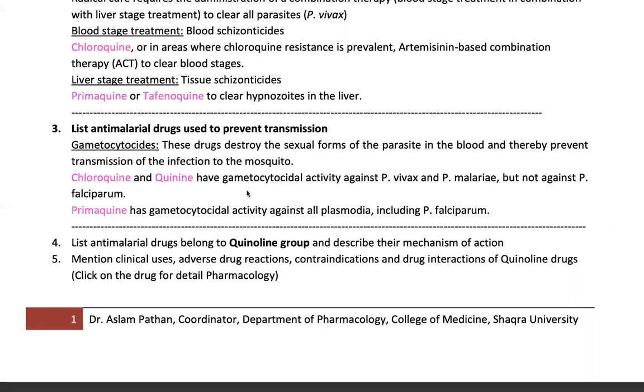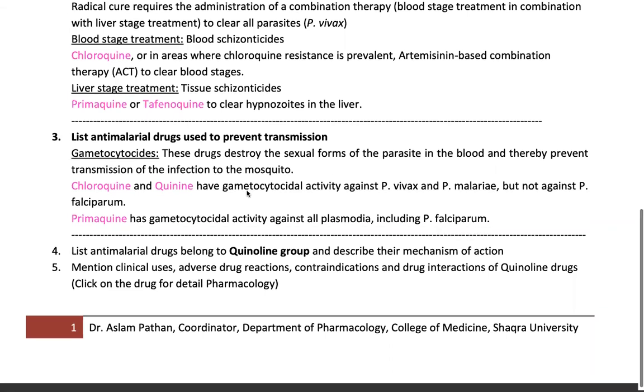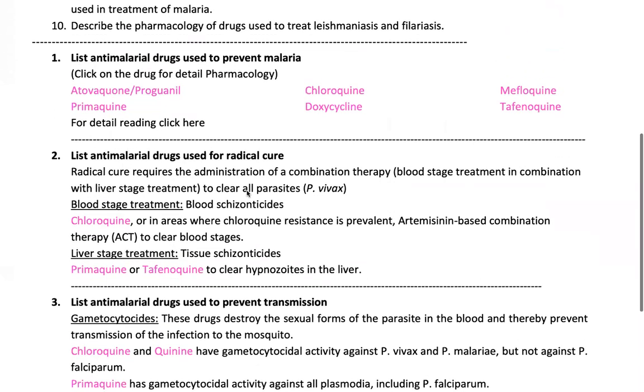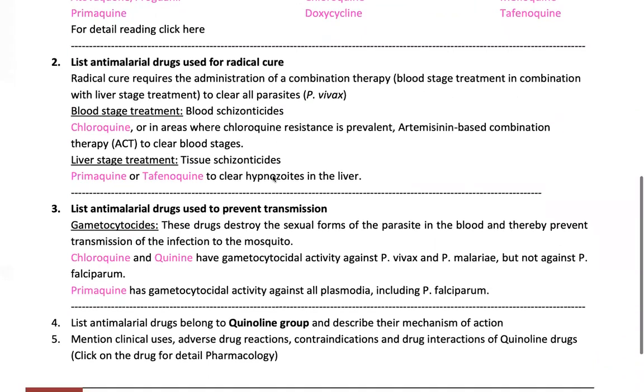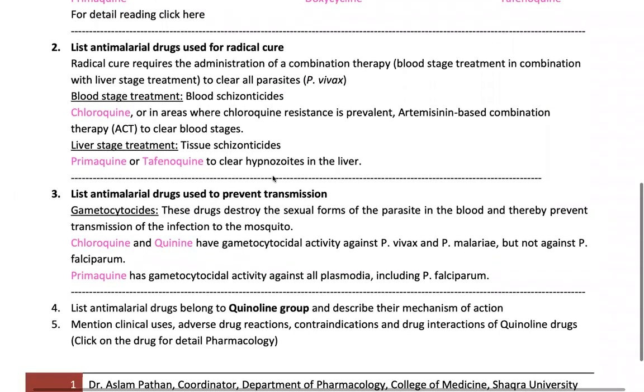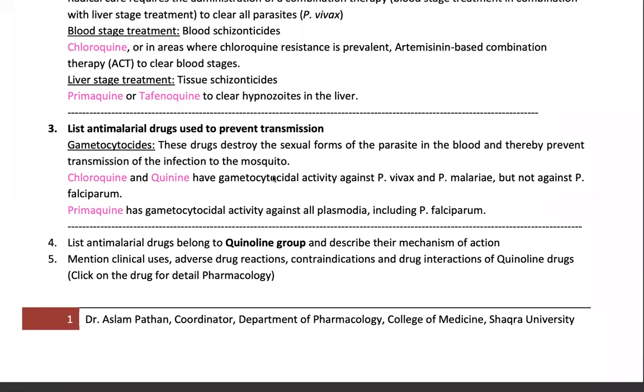But do not confuse it with prophylaxis, prevention, which we saw first, used to prevent malaria. It's a different one. Prevention is prophylaxis, and transmission is destroying the sexual forms of the parasite in human blood, thereby preventing the transmission of the infection to the mosquito.